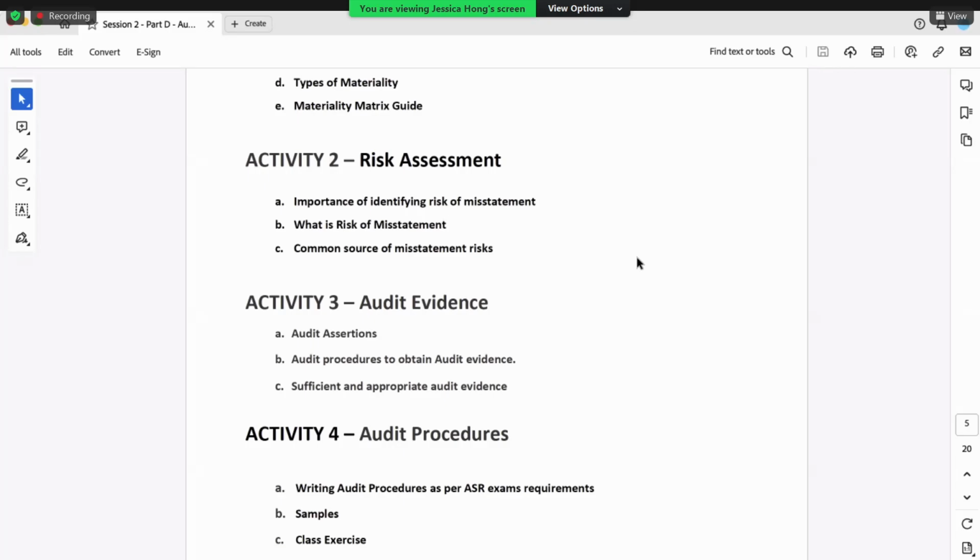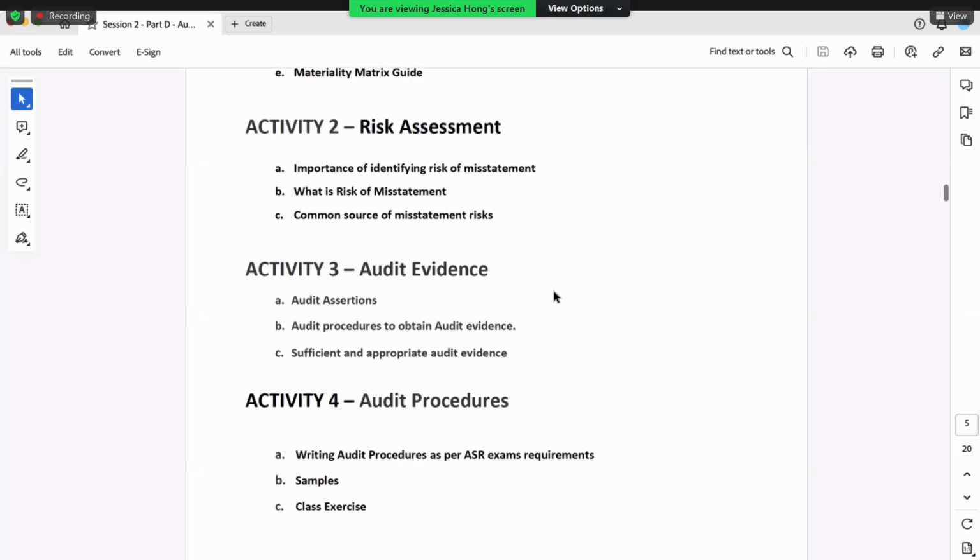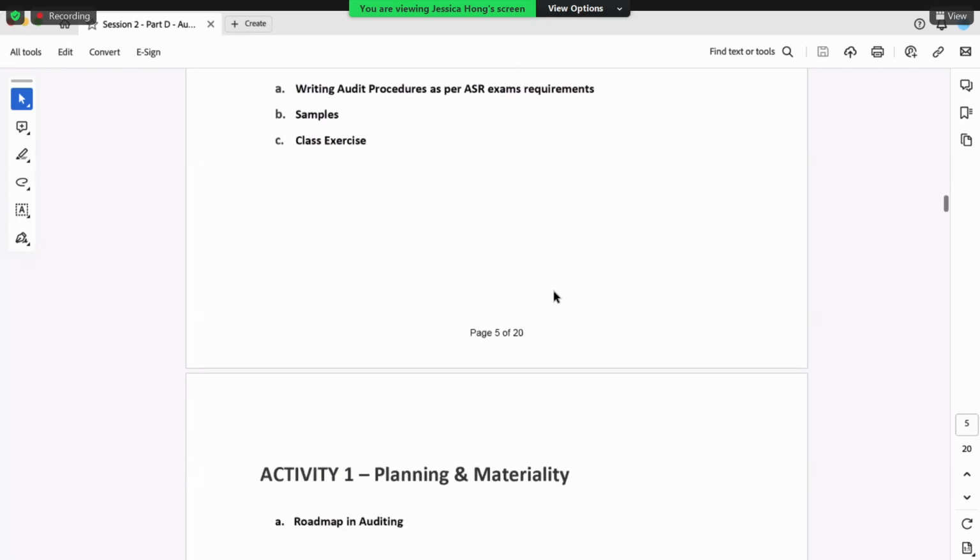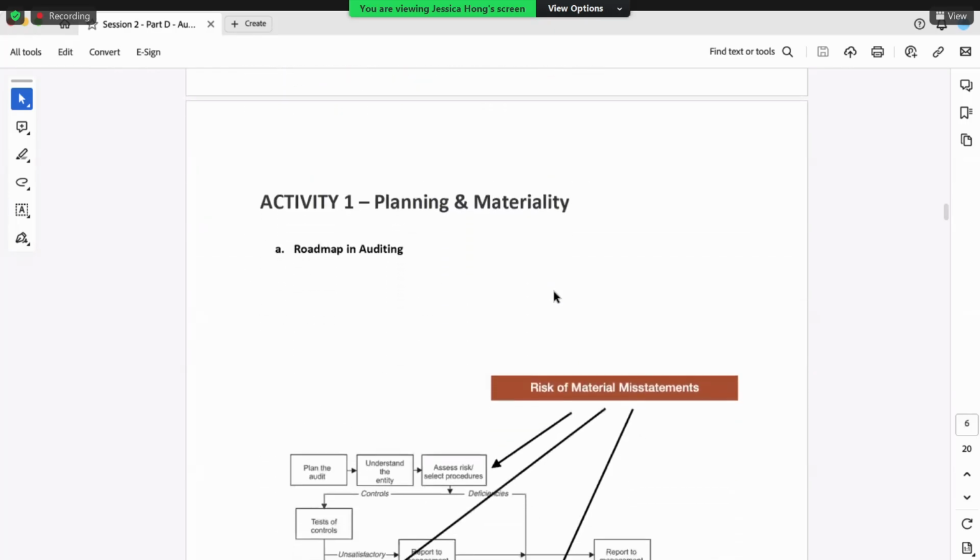So we want to ensure that we write the audit procedures as the exam requires us to do so. Today we will share some samples for you to see. It also means that in the future, when we have any class practice or run any exams, we will expect you to write the audit procedures as per the sample that we are about to show. Okay, we are going to dive into planning and materiality.